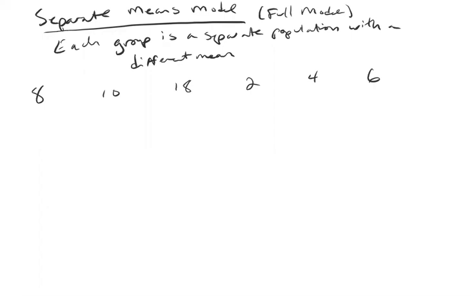If she's a first year, she's in group A, and my best guess at the number of activities that somebody in that group does is my sample mean from that group, which is 12. So I'm going to take 8 minus 12 and 10 minus 12 and 18 minus 12, because those are my fitted values, my best guesses for people from group A.